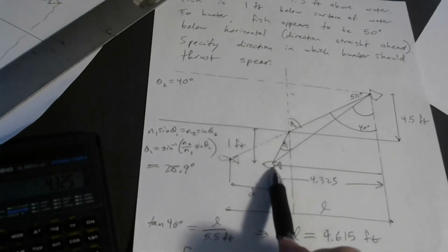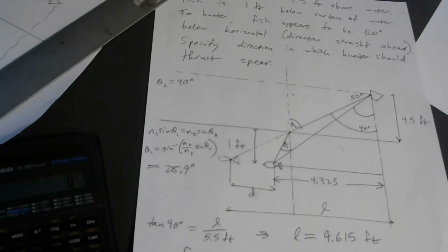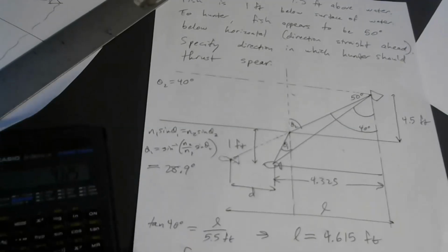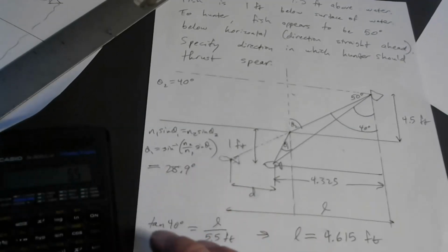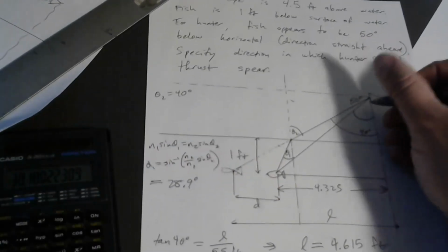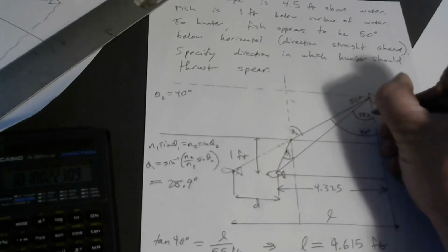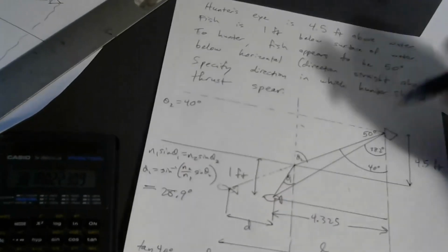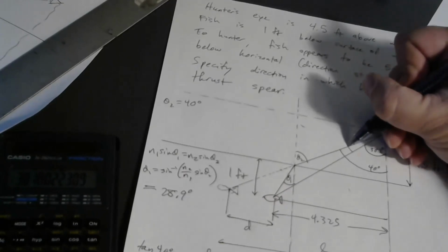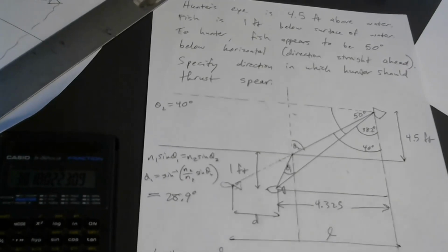That would be the arc tangent of 4.325 over 5.5. 4.325 divided by 5.5. Take the arc tangent. That angle appears to be 38.1, really 38.2 if I round. And now we can specify how far below the horizontal they should aim when thrusting their spear.